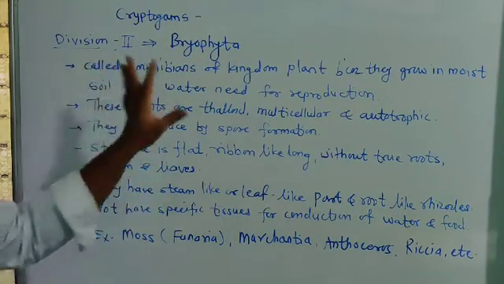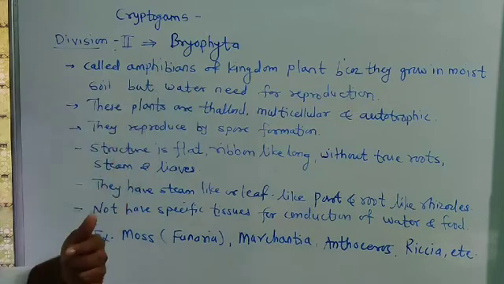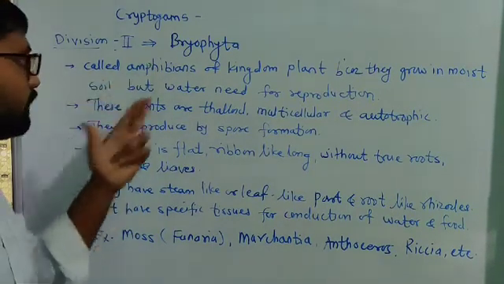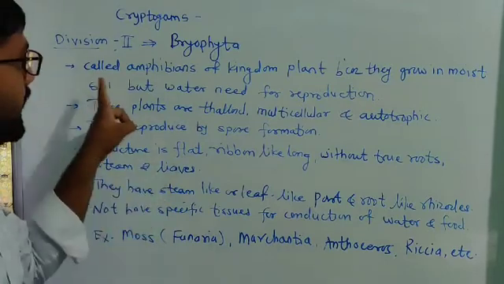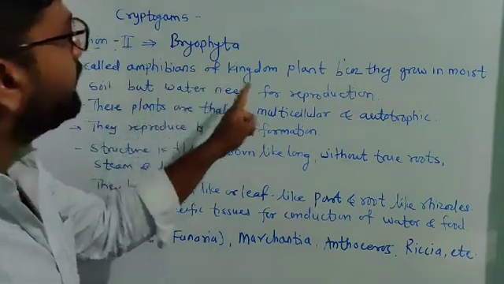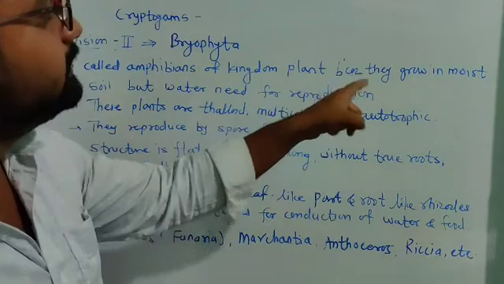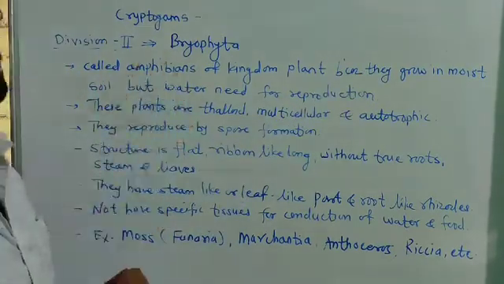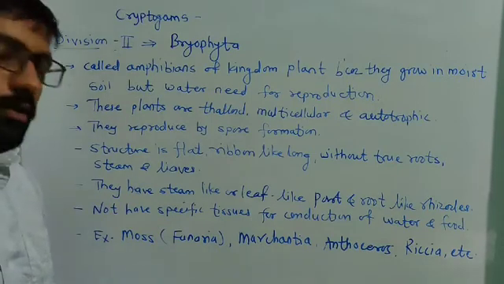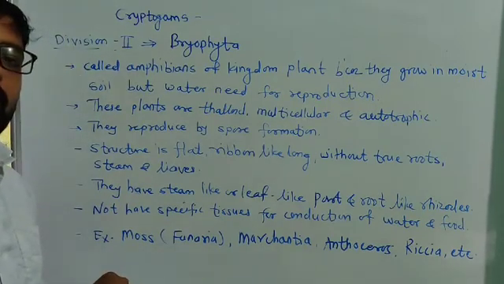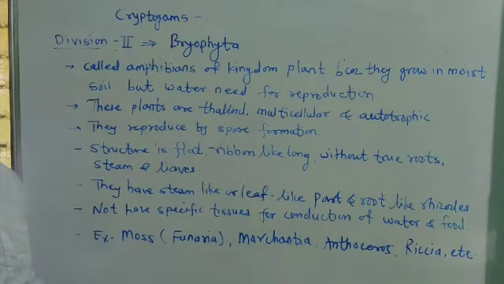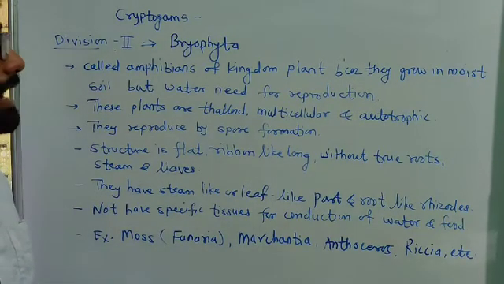Look at what the different characteristics of this division bryophyta are. These bryophyta plants are also called amphibians of the plant kingdom because they grow in moist soil but need water for reproduction. We know amphibian animals live in water and on land also. Such animals we generally call amphibians.